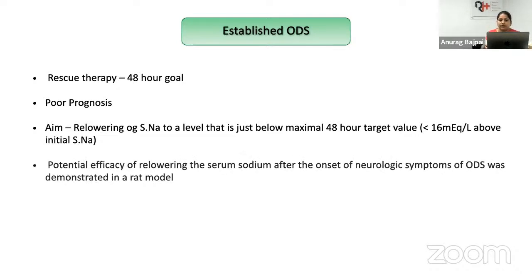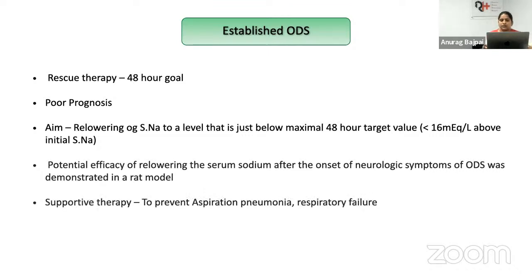The potential efficacy of relowering the sodium after the onset of neurological symptoms of ODS was first demonstrated in the rat model. And for supportive therapy, to prevent aspiration pneumonia and respiratory failure, we should surely go for ventilator support. Plasmapheresis is only an experimental therapy.